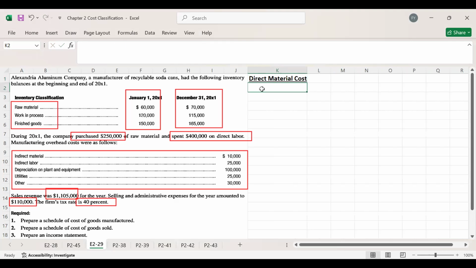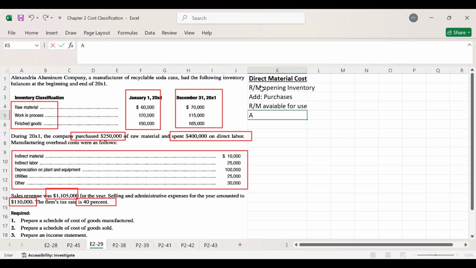So direct material cost, in we have raw material, raw material opening inventory, we add purchases in it to get raw material available for use.